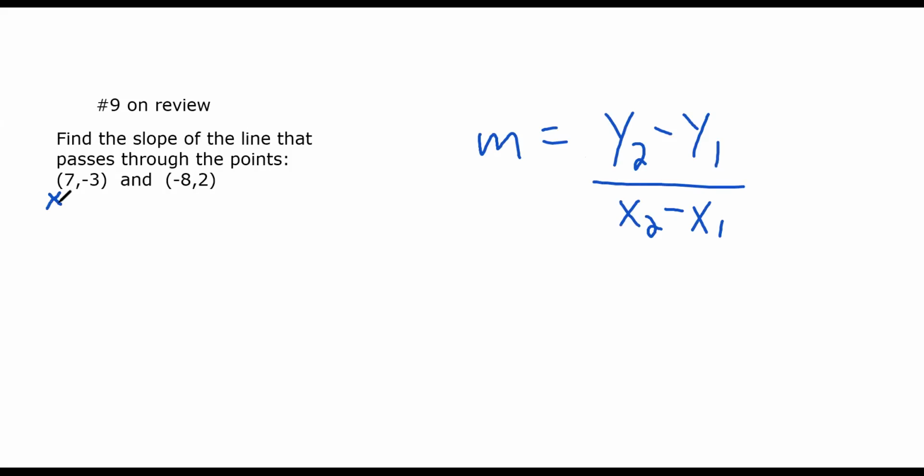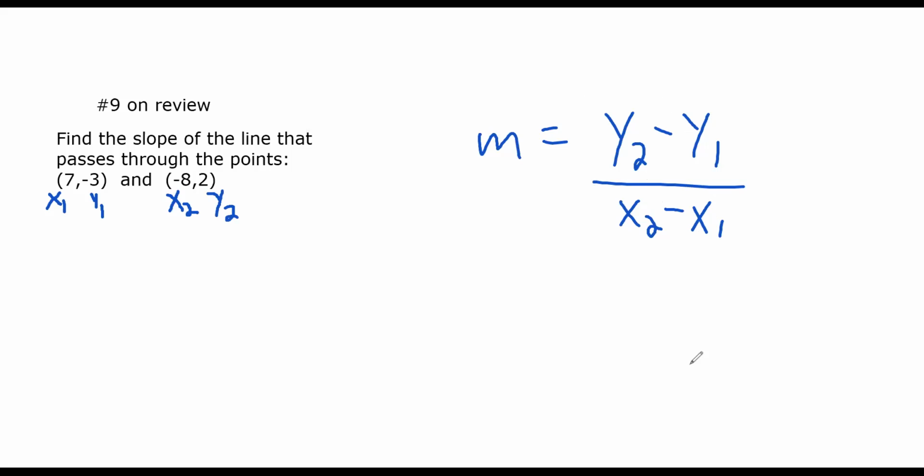The x coordinate is x1, the y coordinate is y1. We'll label this x2, y2, the x coordinate x2. And then it's just simply plugging this into the formula and then perhaps simplifying the fraction that results from that.